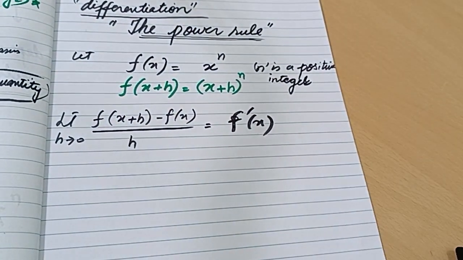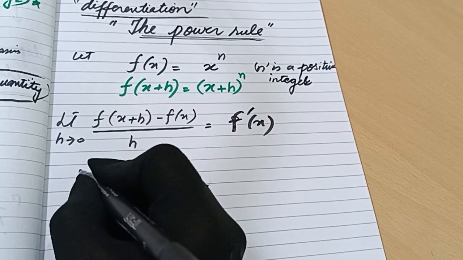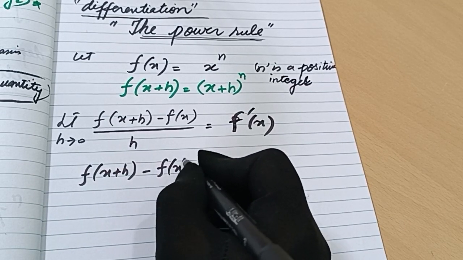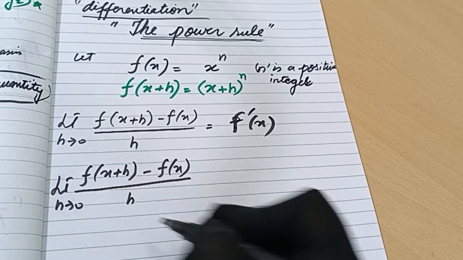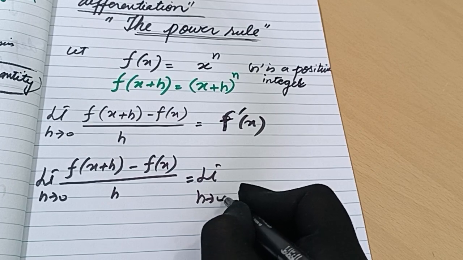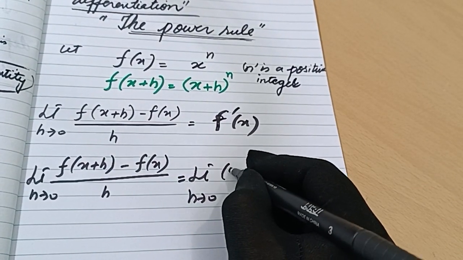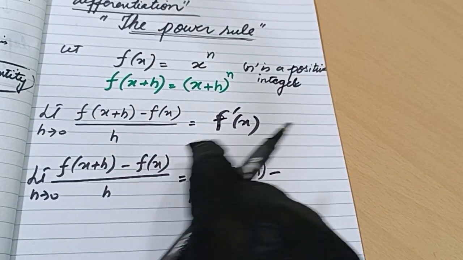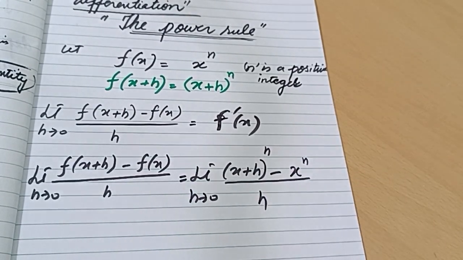Using this formula, f of x plus h minus f of x over h, when the limit as h approaches 0 exists, will equal the limit as h approaches 0 of x plus h whole power n, minus f of x, that is x power n, divided by h.